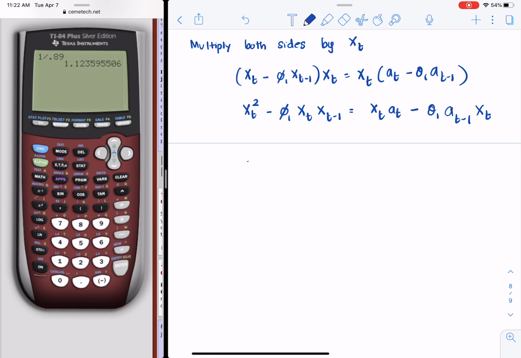So we move that term to the right hand side.